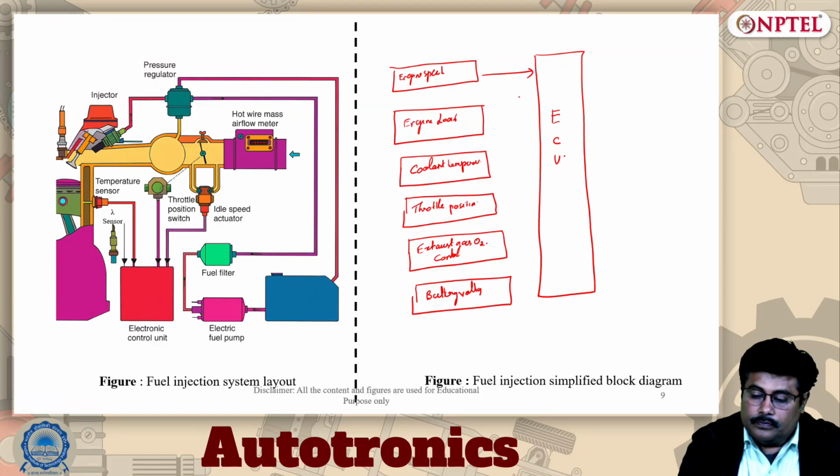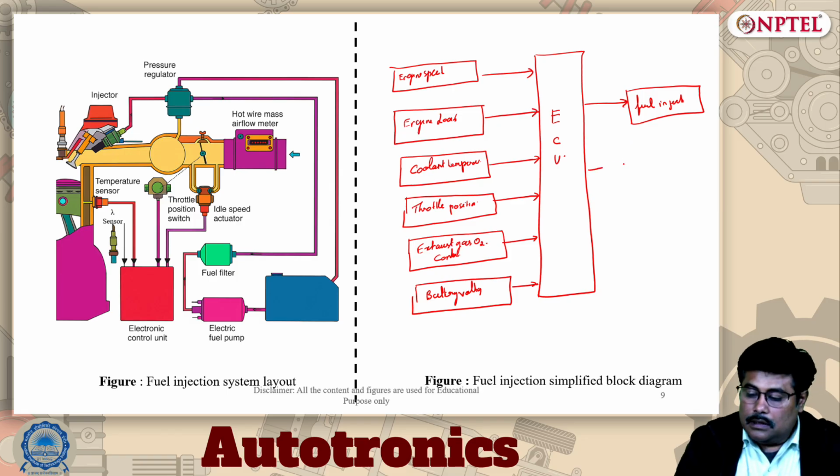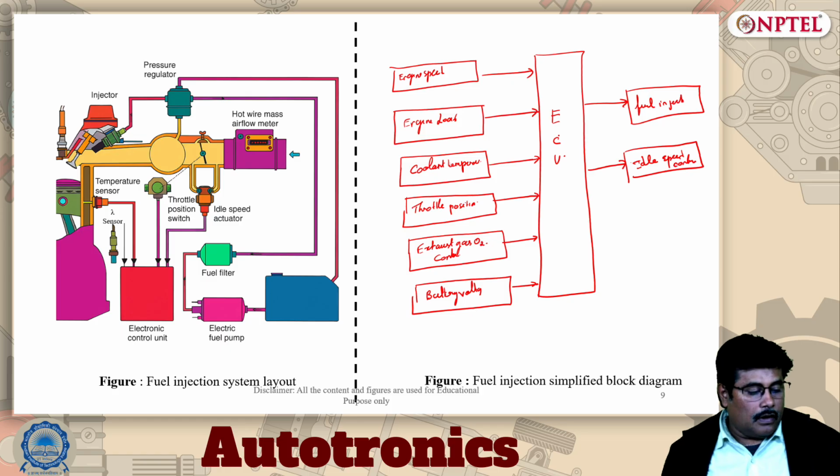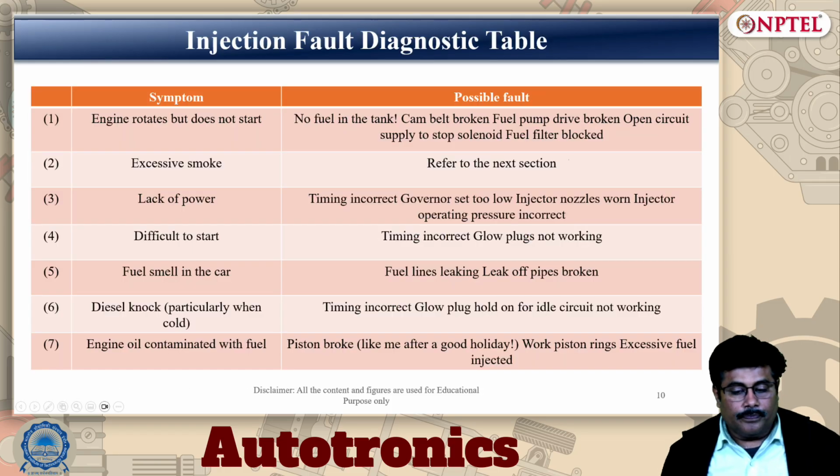So the engine speed, engine load, coolant temperature, throttle position, exhaust gas O2 and the battery voltage are fed to the fuel injector and then to the idle speed control. So, this is the overall configuration of a fuel injection system.